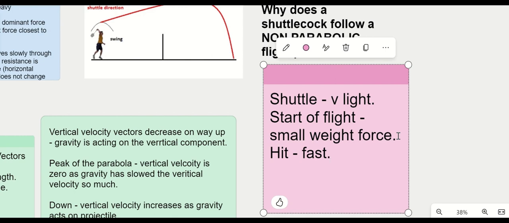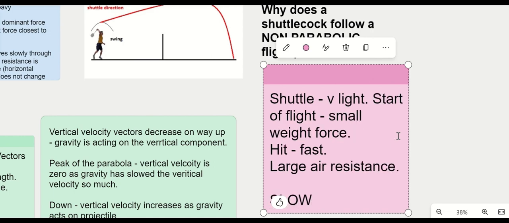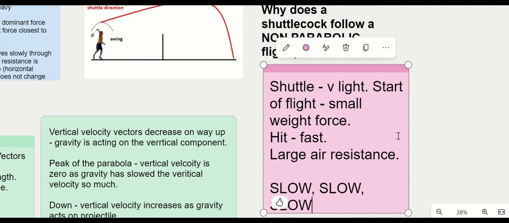And when we hit it fast, it smashes through the air, so it's got a large air resistance. If you think about it as it's hit, that large air resistance is going to slow the shuttle down.